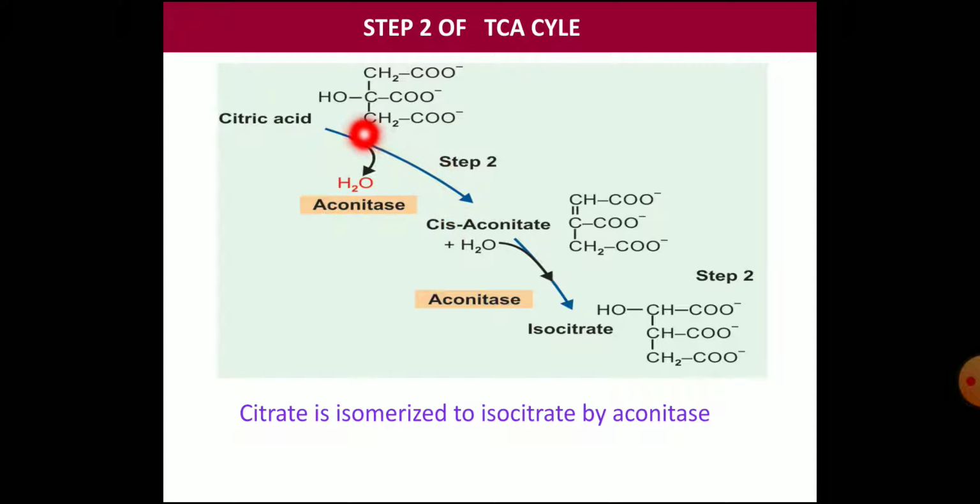In the first reaction, one water molecule is removed, that is dehydrated, forming cis-aconitate. That immediately takes one more molecule of water, it is rehydrated, and again the same enzyme aconitase acts and produces isocitrate. So the citric acid is isomerized to isocitrate in the second step.